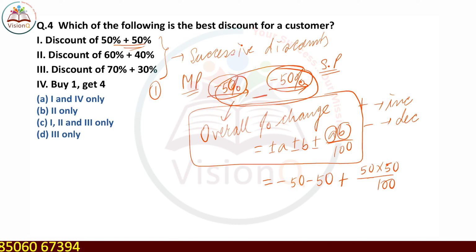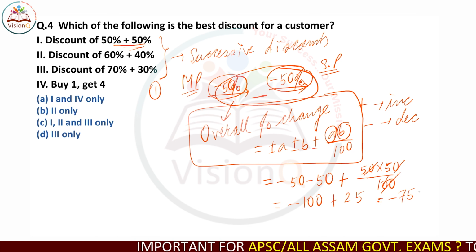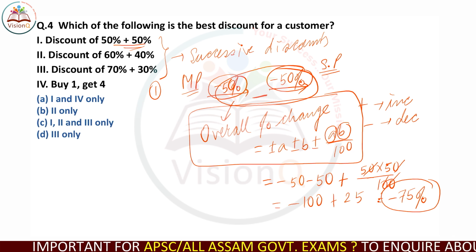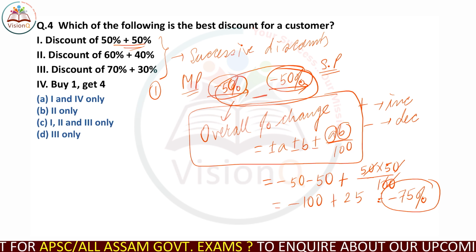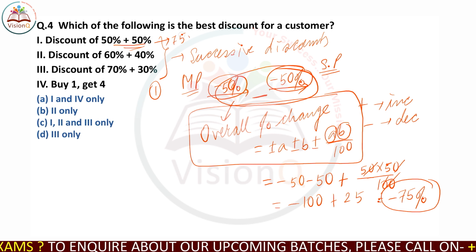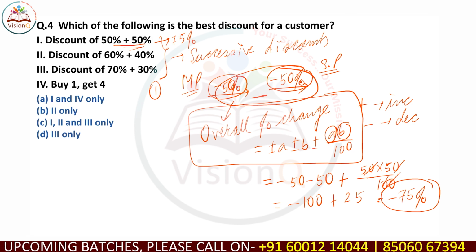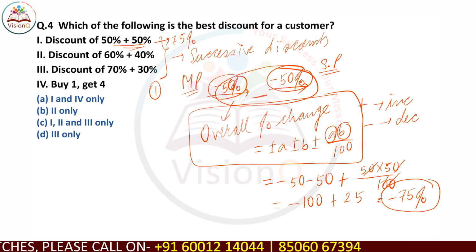Minus 50 minus 50 is minus 100, plus 5 into 5 is 25, so it is minus 75%. The overall discount from these two discounts of 50% is 75%. So the discount in the first case is 75%.